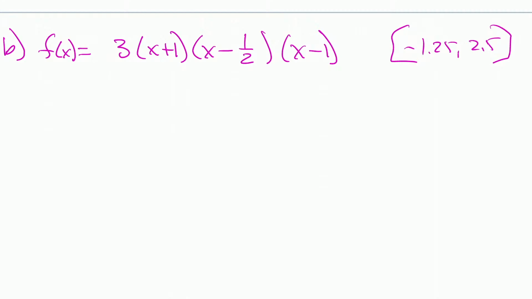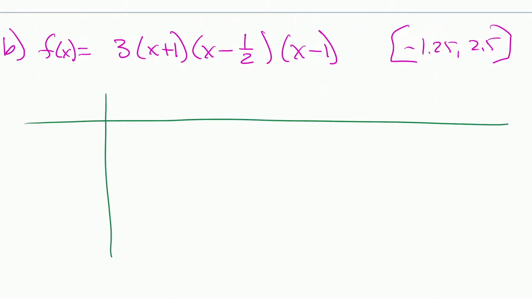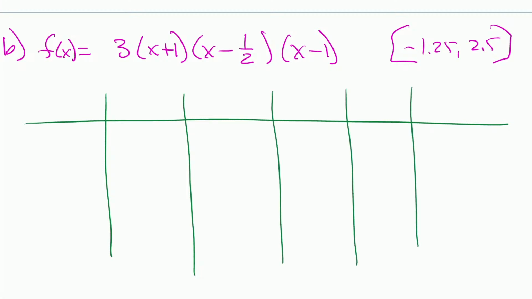Give me a sec. I need to make my table. This table is going to be a little bigger because of the numbers. Okay, so we've got A, M, B, f of A, f of M, f of B. So we have -1.25 and 2.5, and we should check. Remember, the rules are that this thing has to be continuous, which it is, since it's a polynomial.